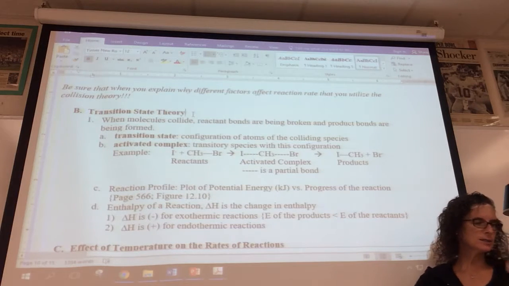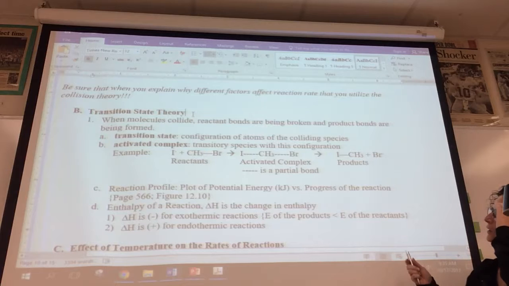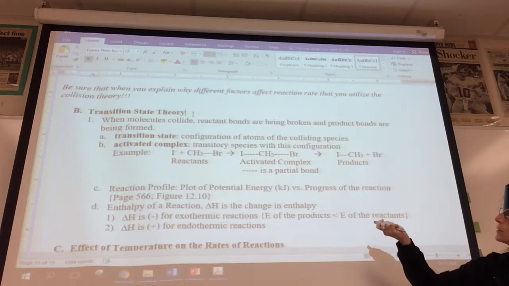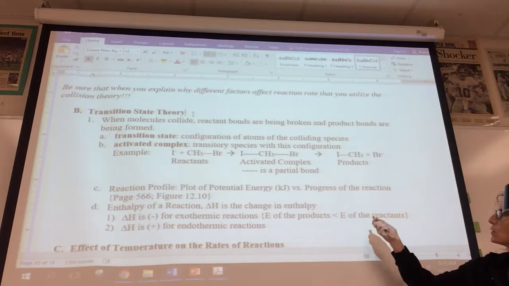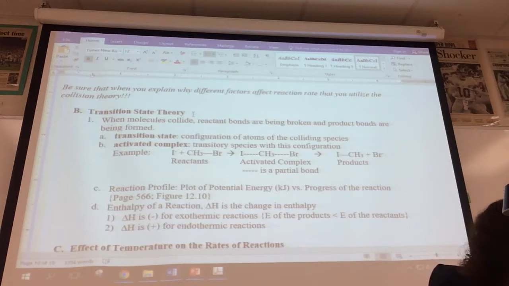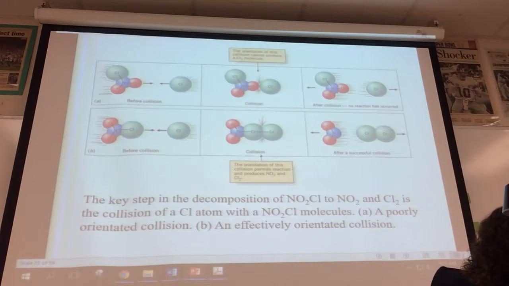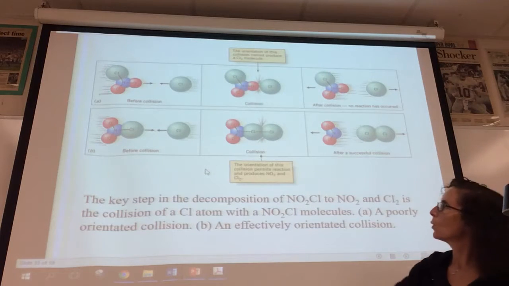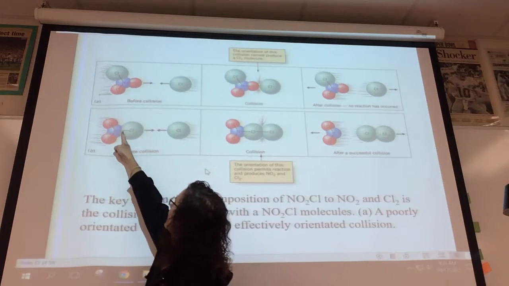The transition state theory, we're going to take a look at this. When the molecules collide, and you saw this previously, reactant bonds are being broken and product bonds are being formed. And you can see this here, where this is a reactant bond.